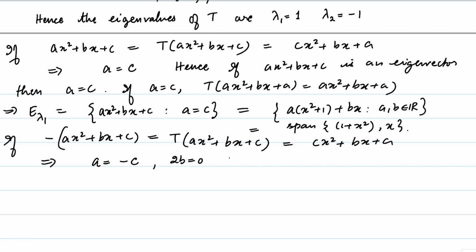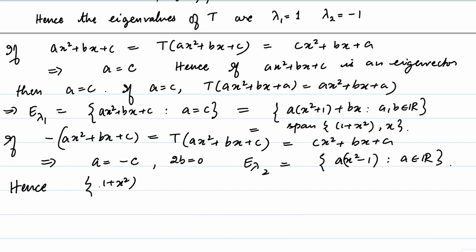So along the same line of arguments, E lambda 2 will be just equal to the span of a times x square minus 1, where a belongs to R. So hence we have three vectors, 1 plus x square, x and x square minus 1, that are eigenvectors of T. And if you go back and check, this is going to be a linearly independent set.